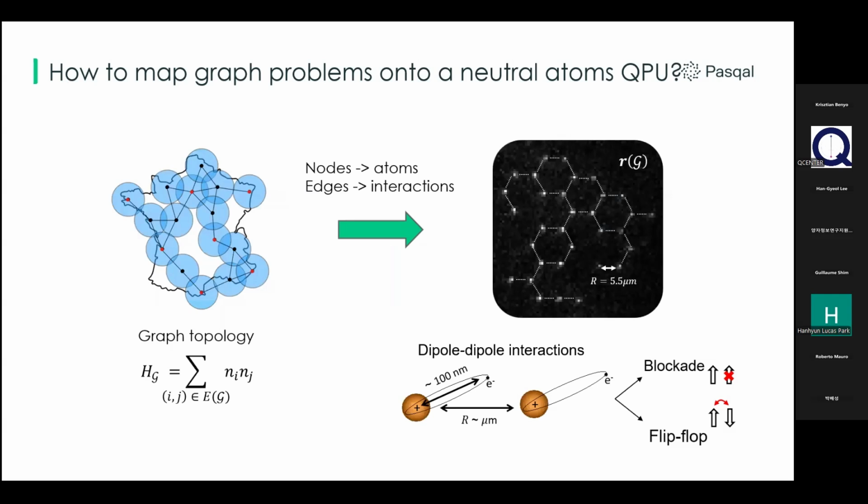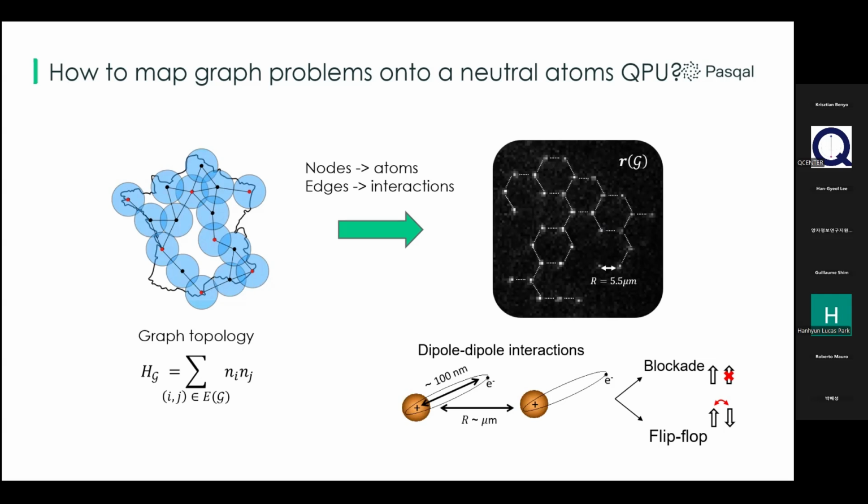As a reminder, we talked about this on Wednesday: when we are dealing with a neutral atoms type quantum processing unit, the heart of the computer contains what we call an atomic register, a collection of atoms that are trapped inside the machine, inside the vacuum chamber, and that are ready to be manipulated by specific laser lights. The atomic register can be represented by a graph.